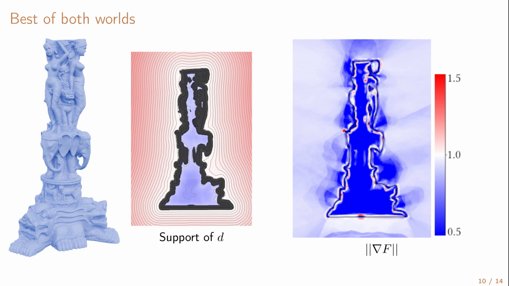If you look at the norm of the gradient of our implicit function, that is to say the approximation of the local Lipschitz constant, you can see that this only overshoots 1 in details that are included in this support of the RBF field.